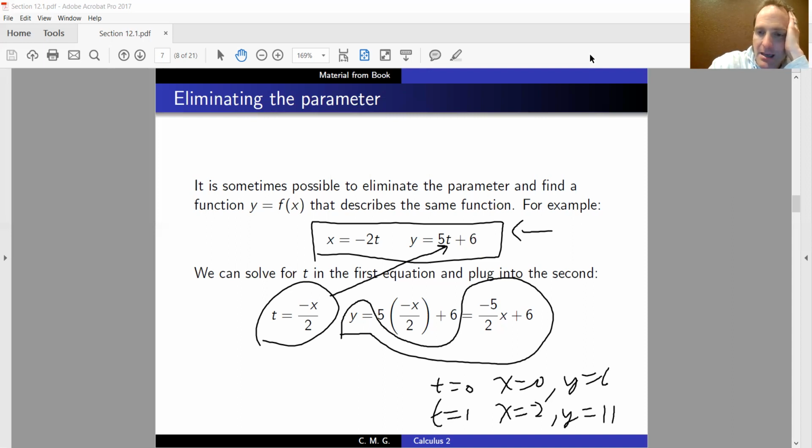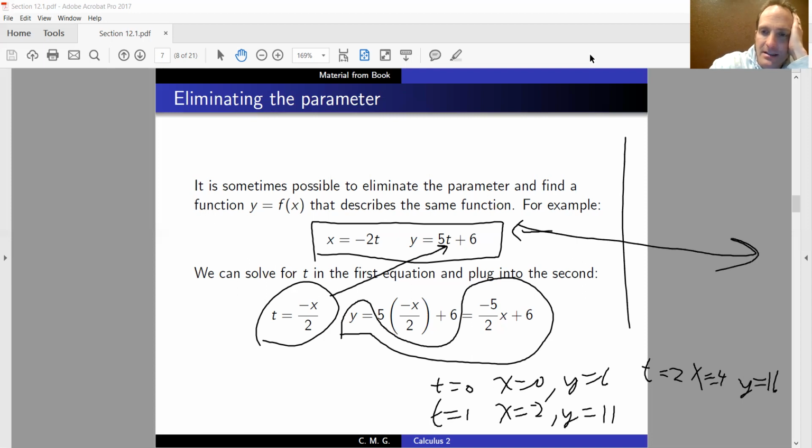I can keep going, but I know this is a line, so it's sort of pointless to keep going, but I'll do it. X is negative 4 when t is 2, and y is 10 plus 6, 16. So as I graph this line out, I have 0, 6 as my first point. Then I have negative 2, 11 as my second point, and then negative 4, 16 is my third point.